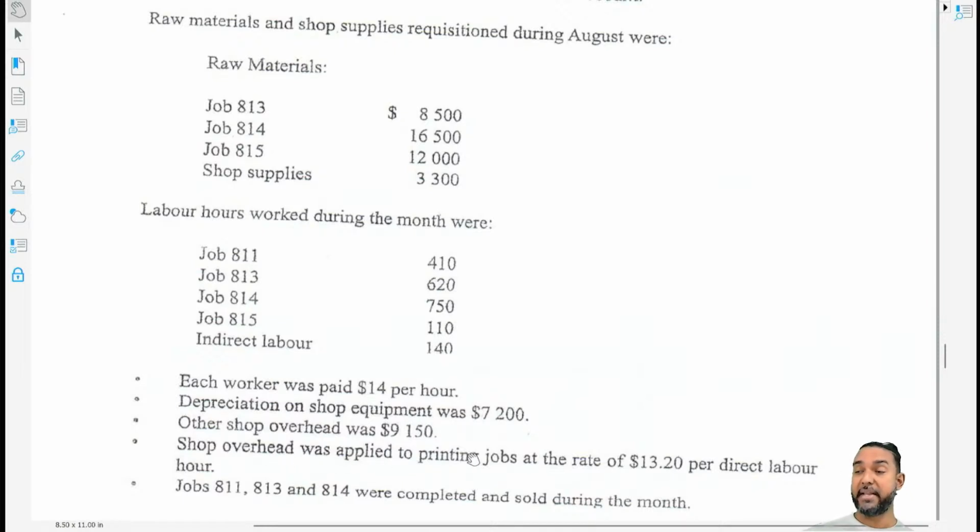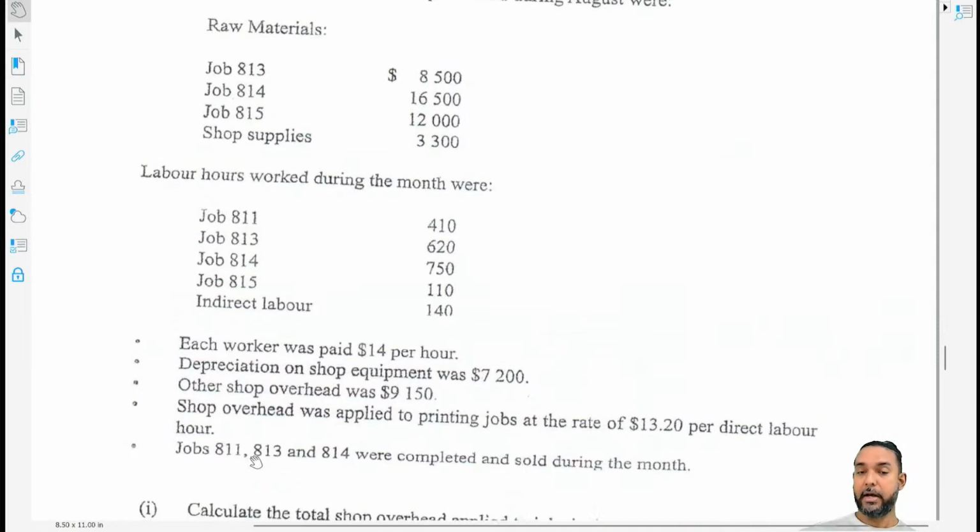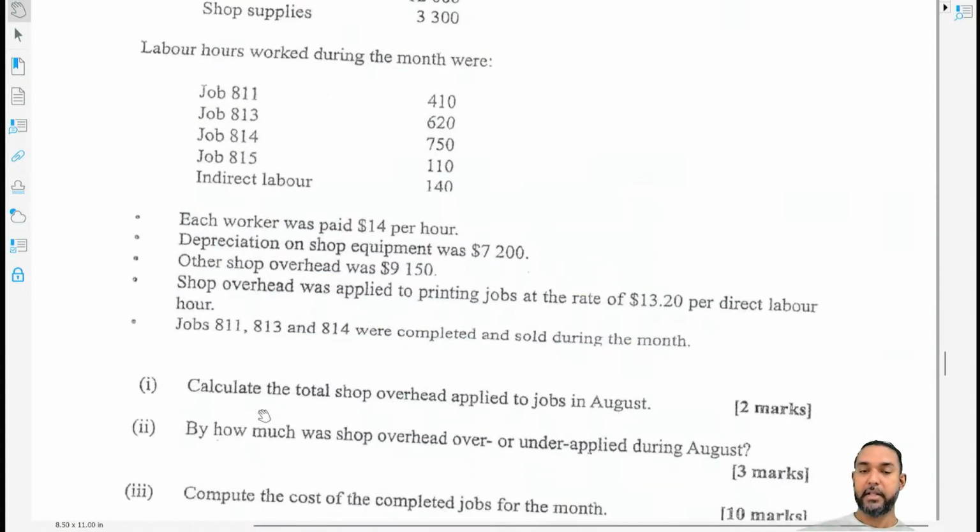Shop overhead was applied to printing jobs at a rate of $13.20 per direct labor hour. Jobs 811, 813, and 814 were completed and sold during the month. Calculate the total shop overhead applied to jobs in August.